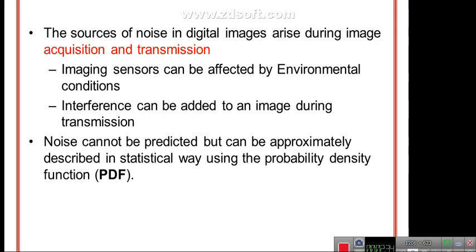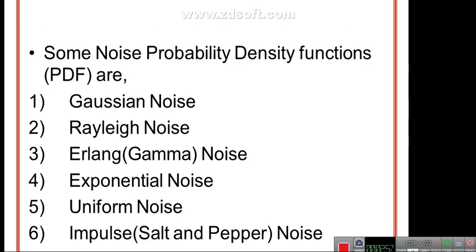Then another topic is the noise model. The sources of noise in digital images arise during image acquisition and transmission. Image sensors can be affected by environmental conditions, and interference can be added to an image during transmission. Hence, noise cannot be predicted, but it can be approximately described in a statistical way by using the probability density function.